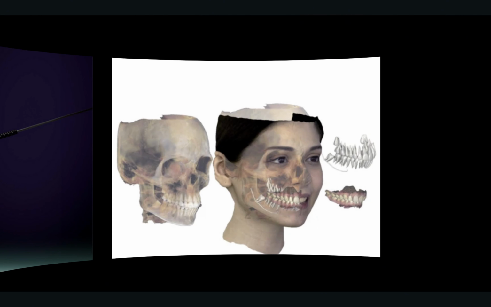We now have the ability to have these complex stacked data builds that show us the convergence of tooth, bone, gum, facial tissues, nerves, all of the aspects that we can gather together.